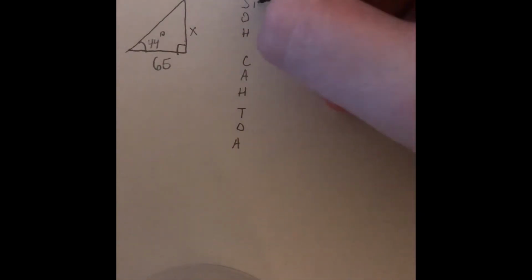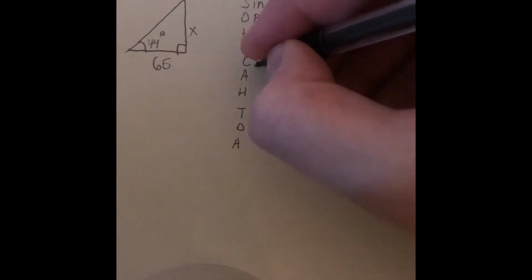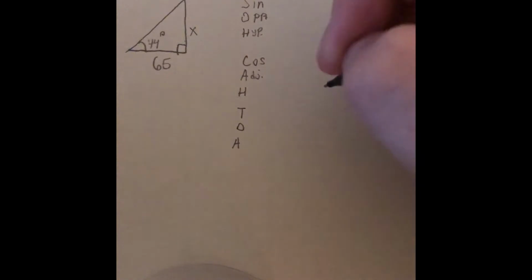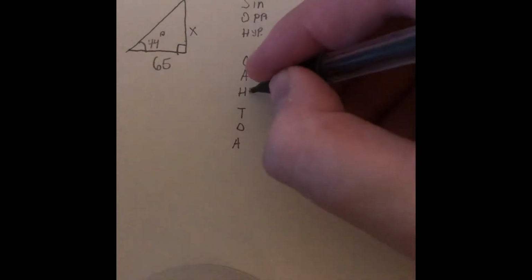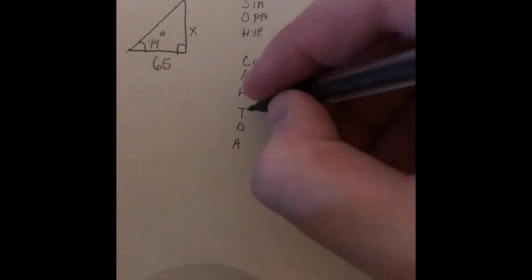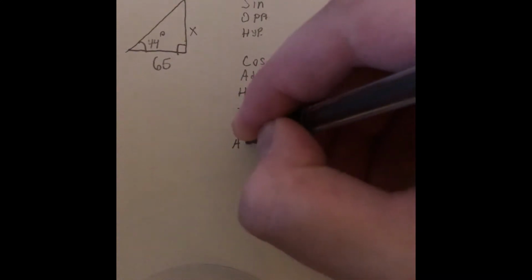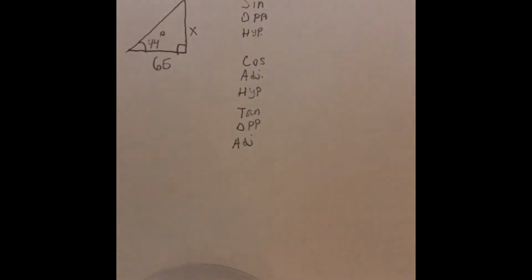So this is sine, this is opposite, this is hypotenuse, this is cosine, this is adjacent, which means next to. This is hypotenuse, this is tangent, this is opposite, and this is adjacent, okay?